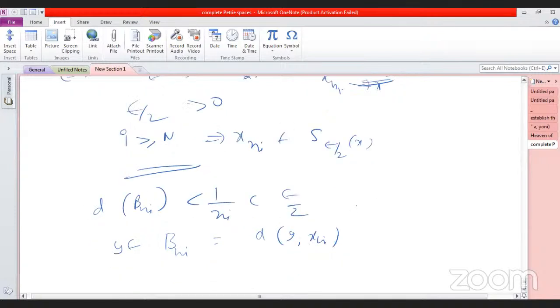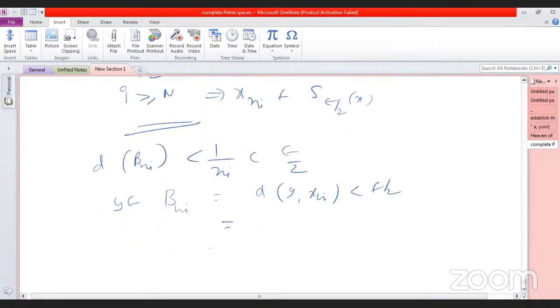Why? Because the values are smaller than this. What can we write for d of x, y? It is less than or equal to d of x, x_ni plus d of y, x_ni, which is less than epsilon by 2 plus epsilon by 2.